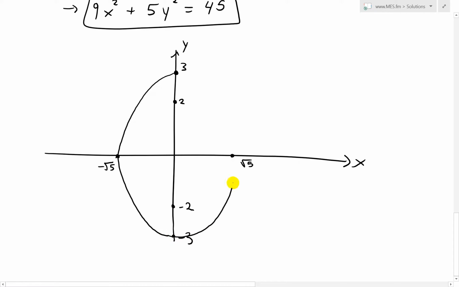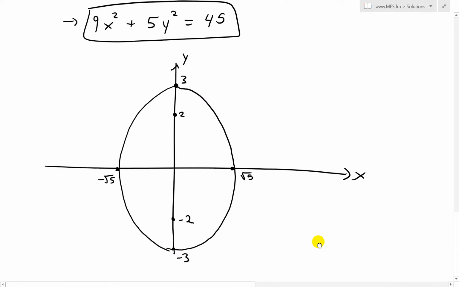It looks something like this. Remember, this is the origin right here. This is the major axis, like that. That's why it's a vertical one. It's on the y-axis there. And then the minor axis, I'll put it over here. Minor axis is the smaller one.